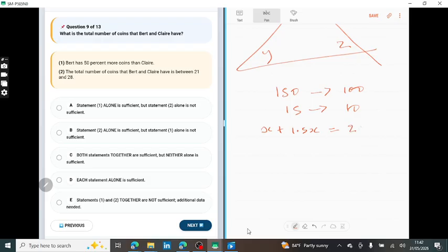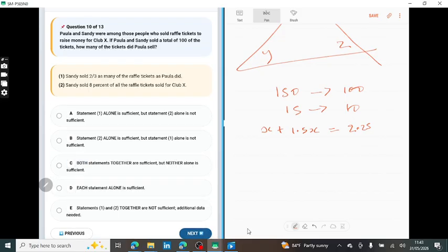So now this equals 2.25, right? The only such number is 25. The only number you can divide by 2.25 and get a whole number is 25. Remember that what we are talking about here is coins, and we cannot have half of one, so it must be an integer value. So when combined together, it is sufficient.